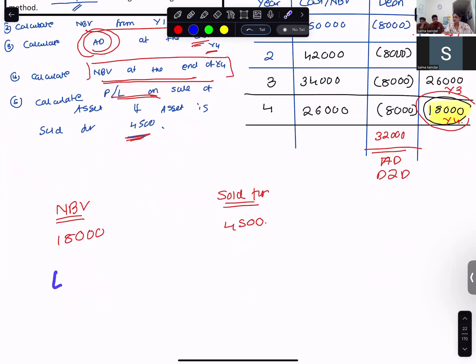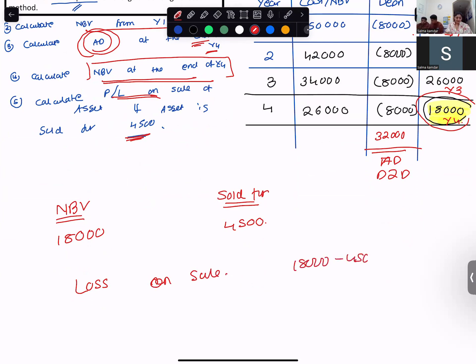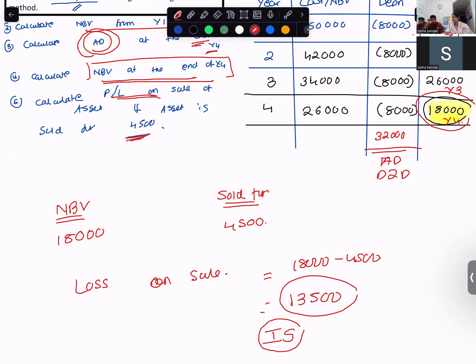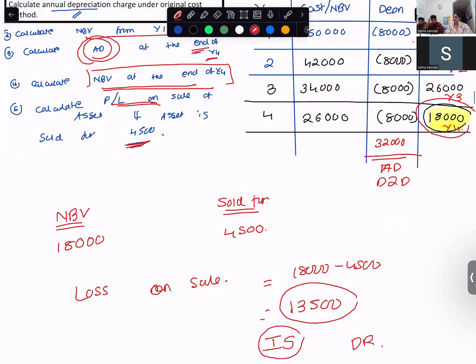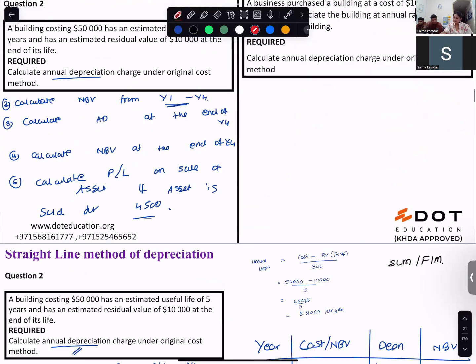That means I have a loss on sale. I have a loss on sale of 18,000 minus 4,500, so it is 13,500. If I have a loss on sale, so income statement debit or credit? Debit all expenses and losses, credit all income and gain. So income statement will be debit. I hope you are with me.